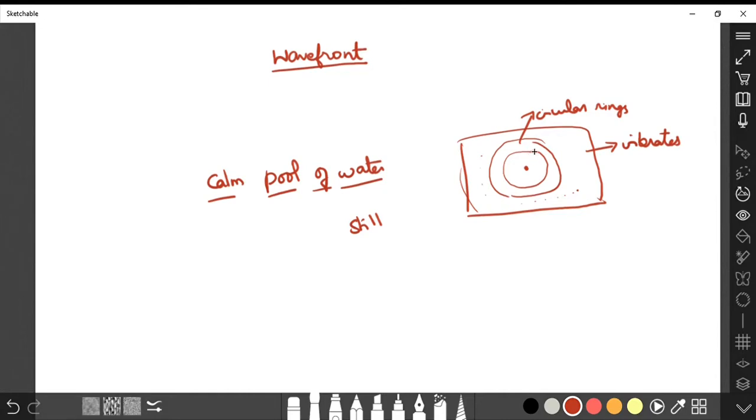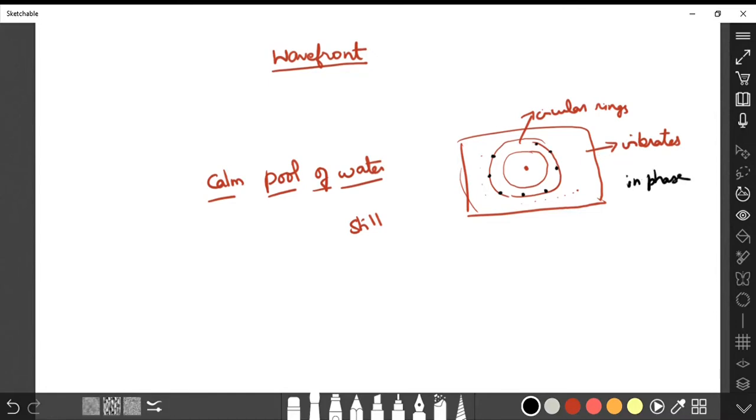From this circular ring, it is clear that all the particles on such a circle are vibrating in phase. We are talking about the wave nature. How can we represent the wave?